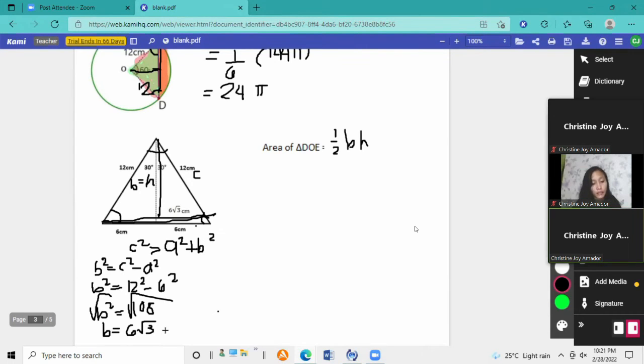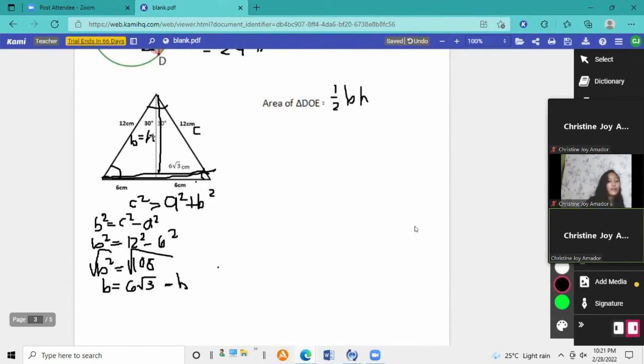Again, our base here is also our height. Aside from using the Pythagorean Theorem in finding our height, we can also use the 30, 60, 90 special right triangle theorem, where if this is our triangle, this is 30, this one 30, and this is 60.